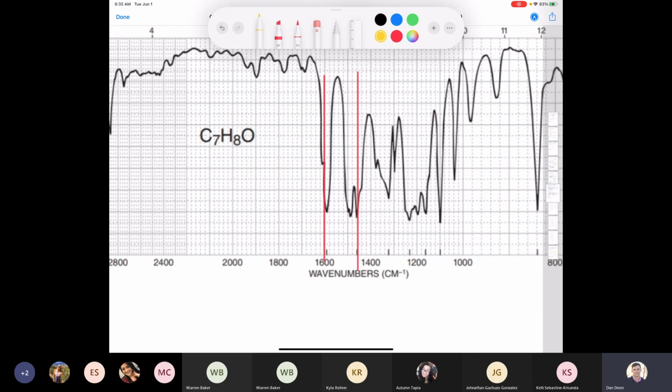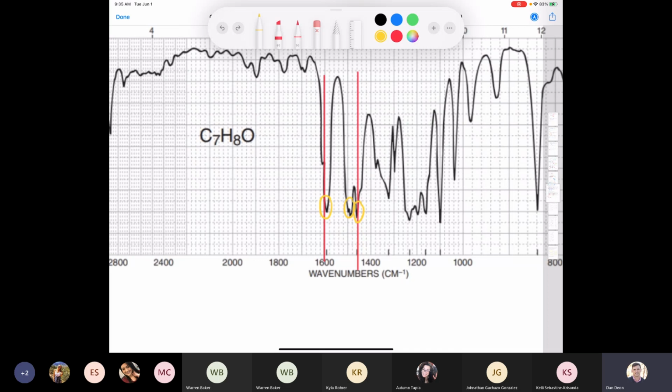You can see that we've got one here, one here that's not super sharp, and then another one here. Usually, if you have three absorbances in the aromatic region, they'll be at 1450, 1500, and 1600.